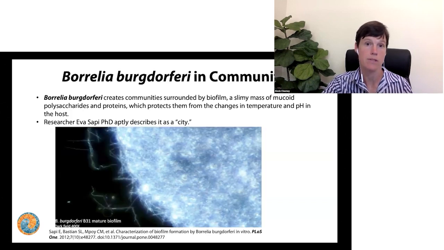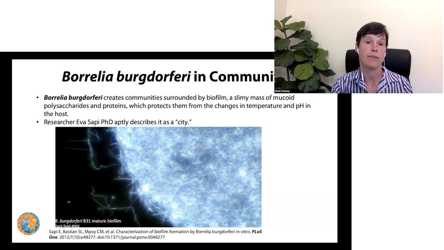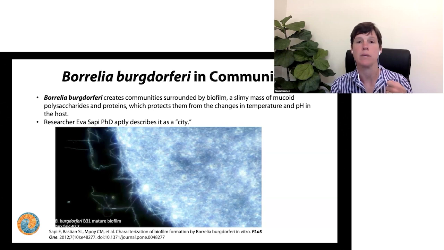And here we have biofilms. So these Borrelia, these bacteria create communities surrounded by this biofilm, and it's a slimy mass of basically proteins and polysaccharides, and it protects the bacteria from the changes in pH and temperature in the host.